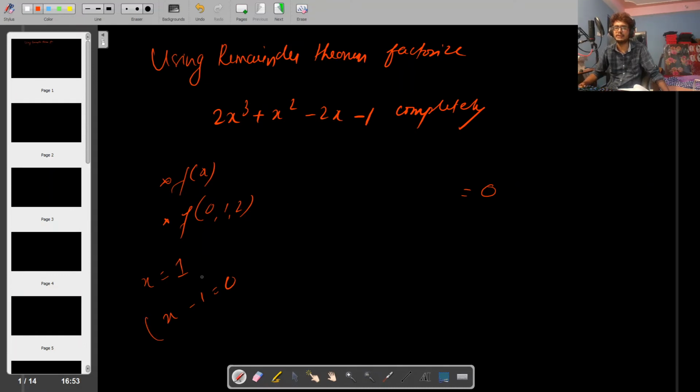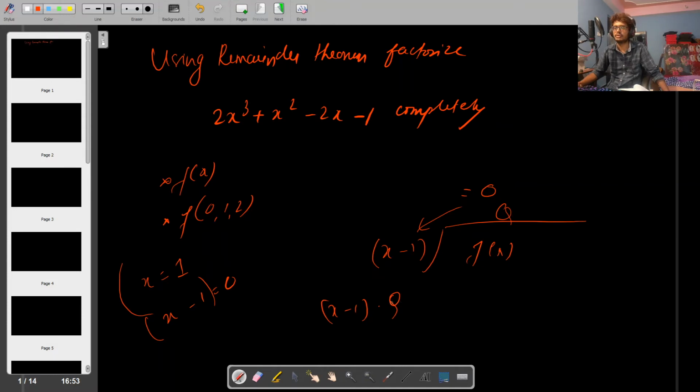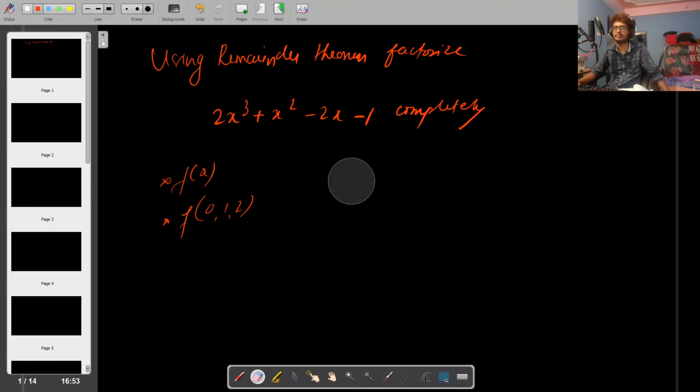This will be the thing that completely divides this expression. So do the same thing: divide fx by x minus 1. You'll get a quotient; multiply this and this, so x minus 1 into quotient. This quotient will be quadratic. Solve the quadratic and find the value. After 2 minutes I'll start solving. You guys can start solving by yourself.